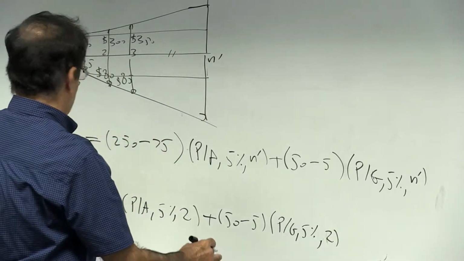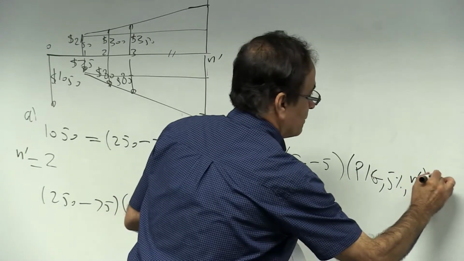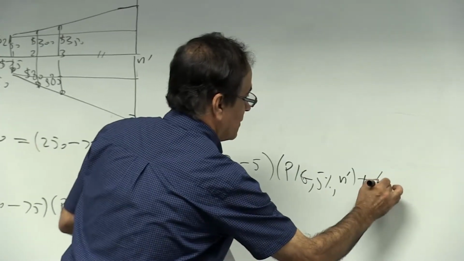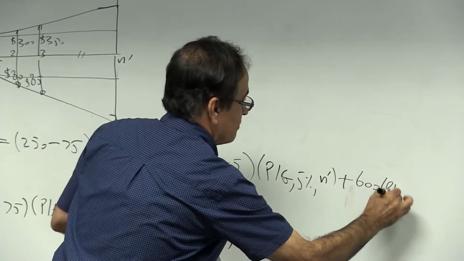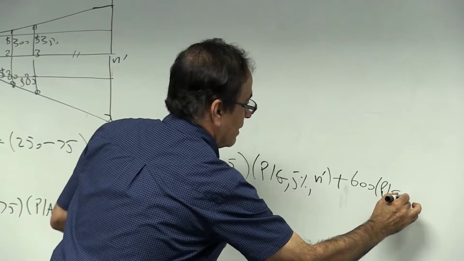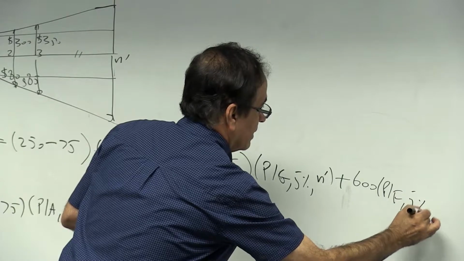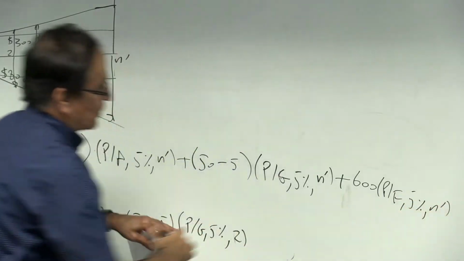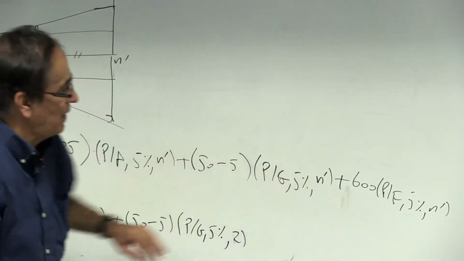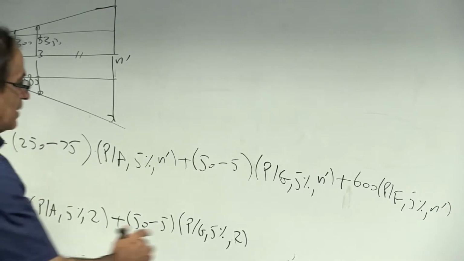And there's one more thing I left out, just the present worth of the salvage value, 600 P given F, 5% and n prime. Again, I just forgot to add this one to my payback period equation. So I'm going to add that part to it.